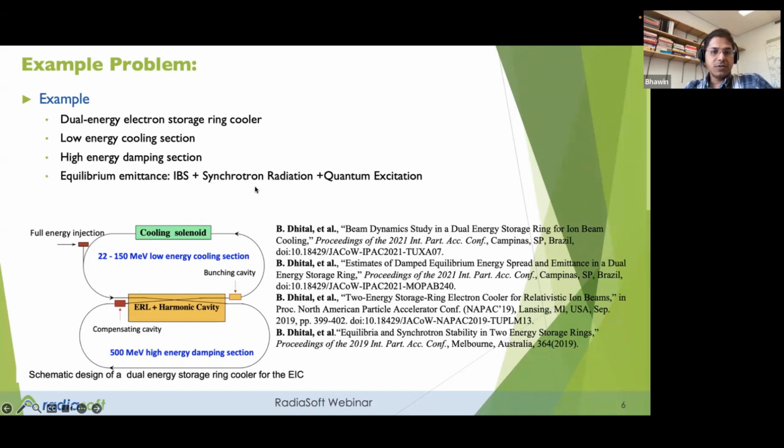I don't want to go into detail on these terms, but the point here is that the electron beam parameters, especially this emittance, which means the transverse temperature and longitudinal temperature, are achieved from this cooler, and these temperatures are necessary to run the JSPEC simulation.